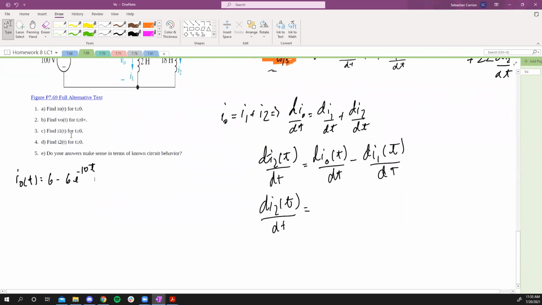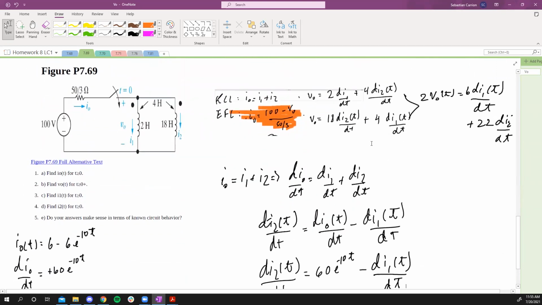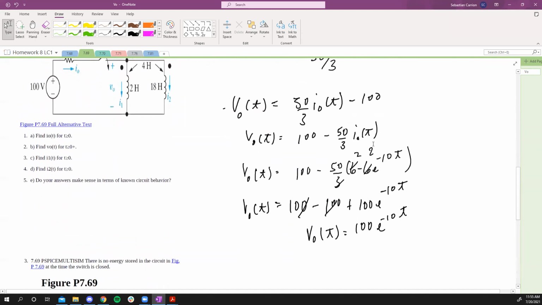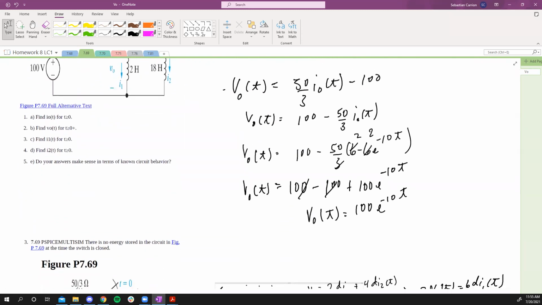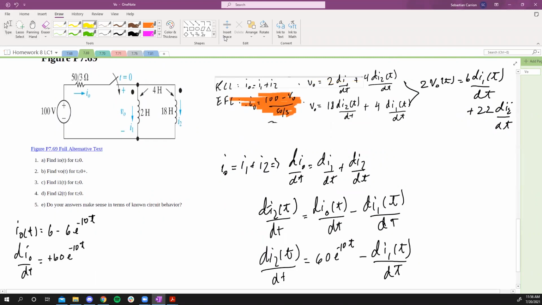Take the derivative of this. Then we could plug this back into that equation here.